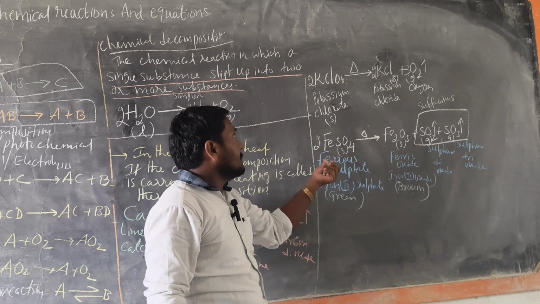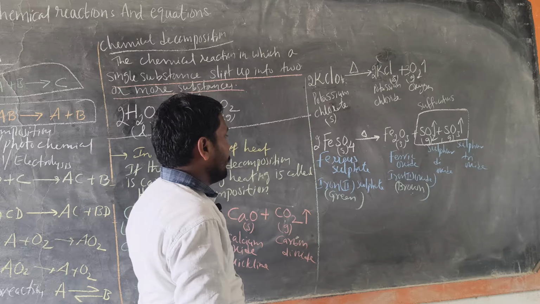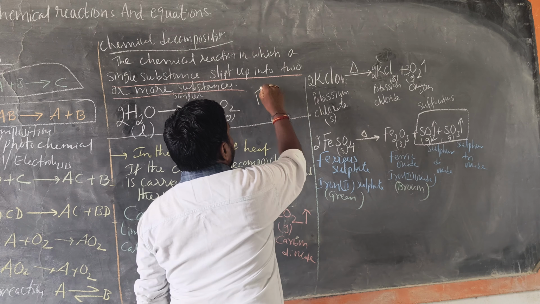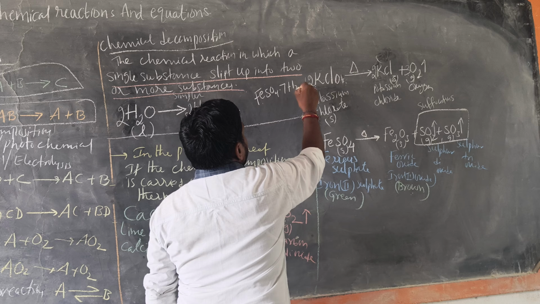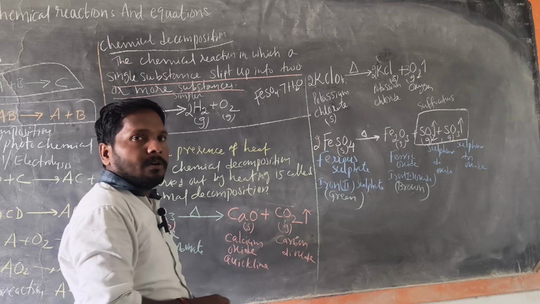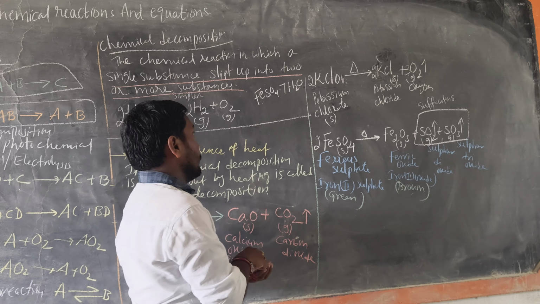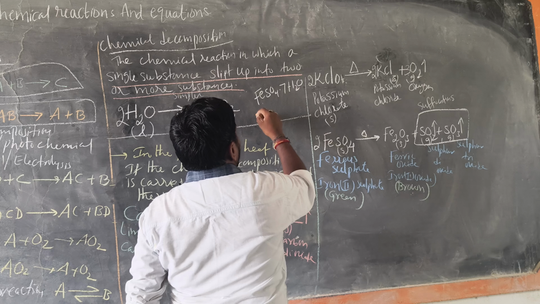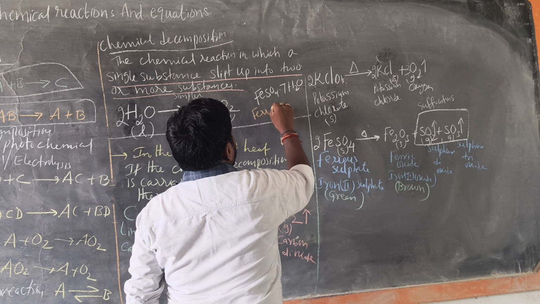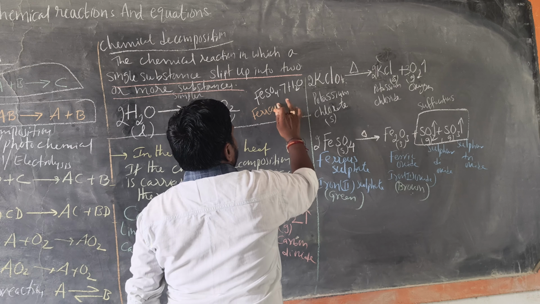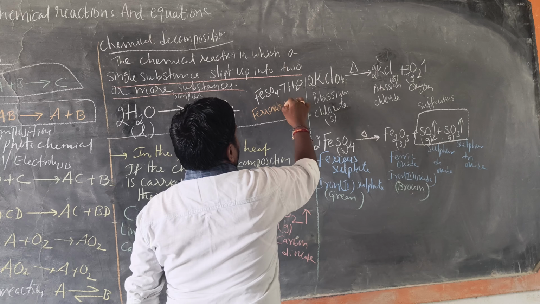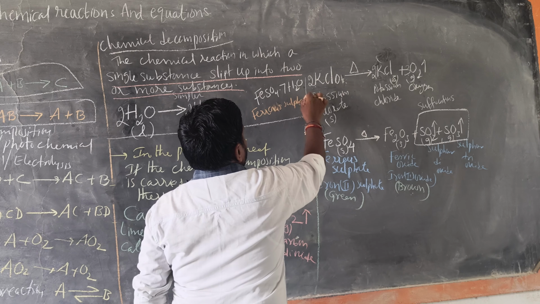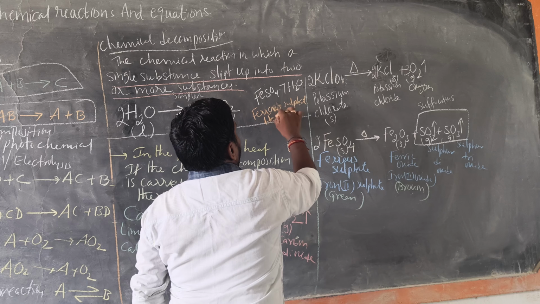Here, the formula of iron sulfate is FeSO4·7H2O, named ferrous sulfate heptahydrate.